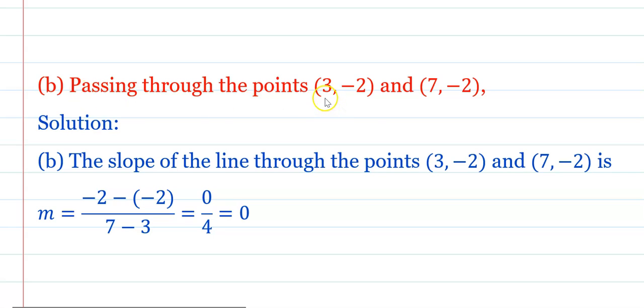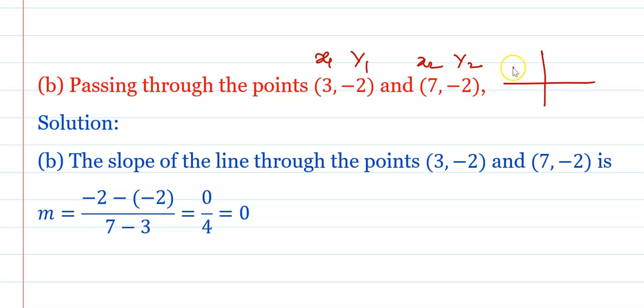Passing through the points (3, minus 2) and (7, minus 2). Here are x1 and y1, x2 and y2. It's clear that the y coordinate is the same. As the y coordinate is the same, the given line is parallel to the x-axis.